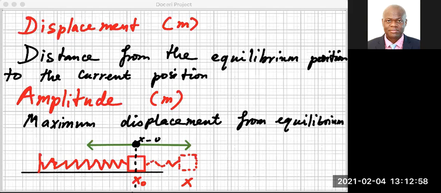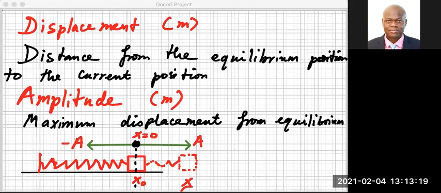So this is my equilibrium, and this will be the amplitude, and this will be another amplitude here.